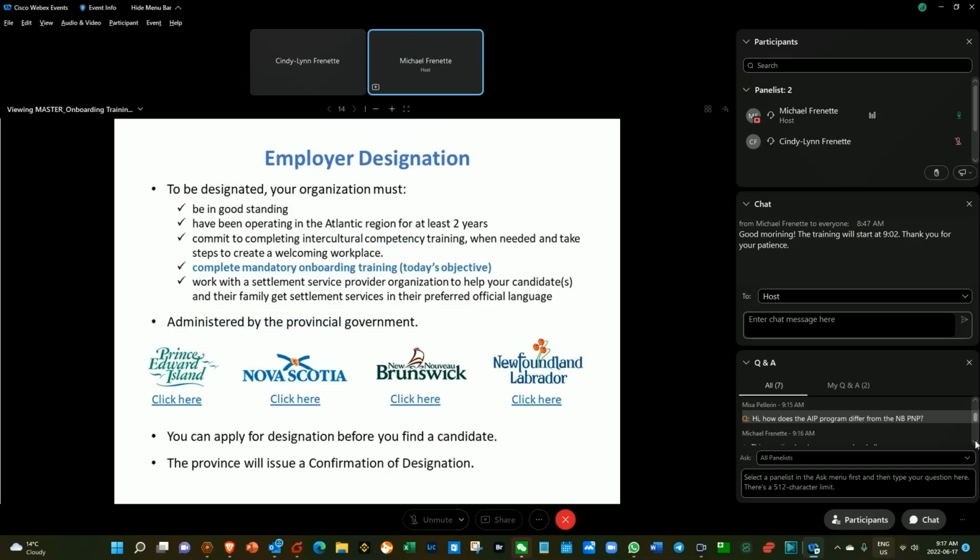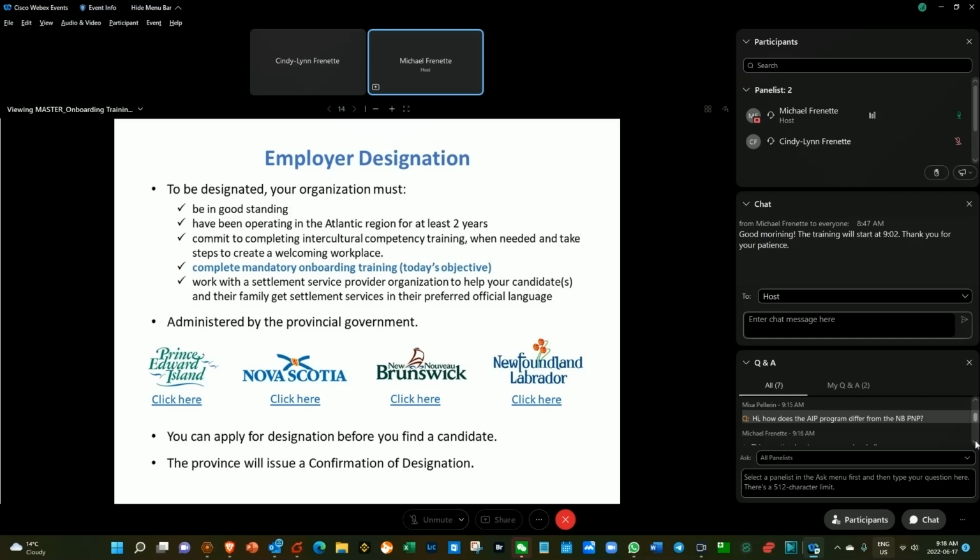Right, so the first step in the process is employer designation, which again is administered by the provincial government. To be a designated employer, you must be in good standing and have been operating for at least 2 years in Atlantic Canada. You need to work with a settlement service provider organization to help your candidate and their family members get settlement services in the official language of their choice.